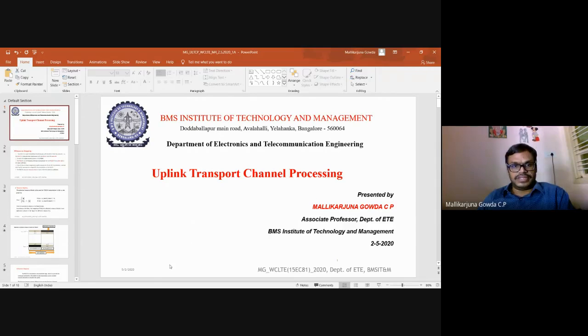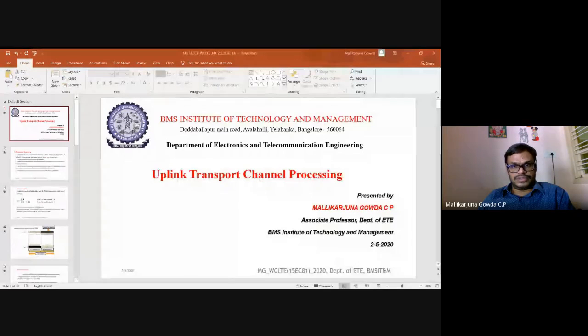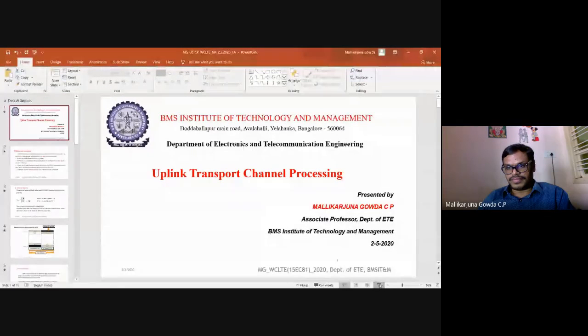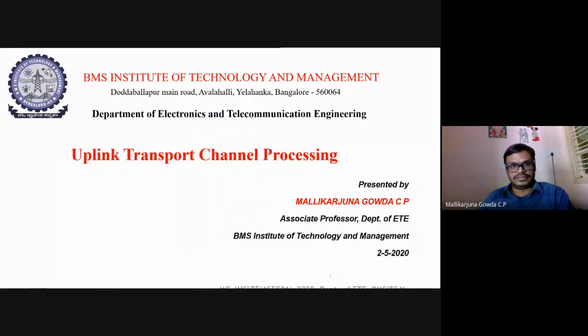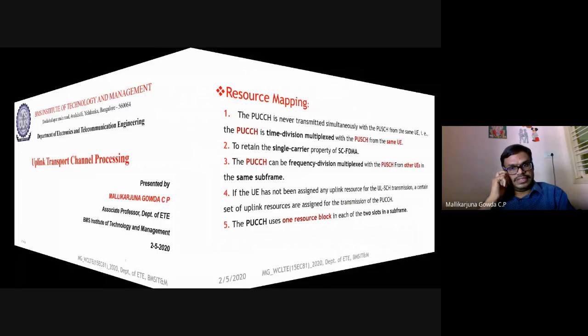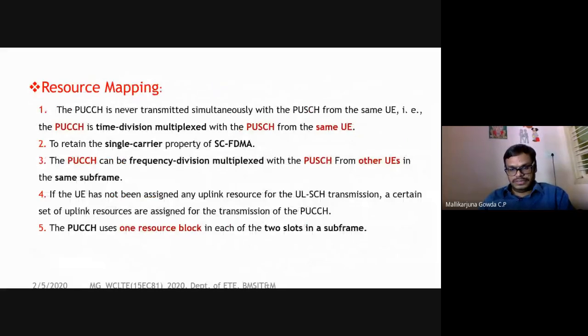in the uplink channel. So this is my first slide. In resource mapping, the physical uplink control channel and the physical uplink shared channel are time division multiplexed from the same user equipment.